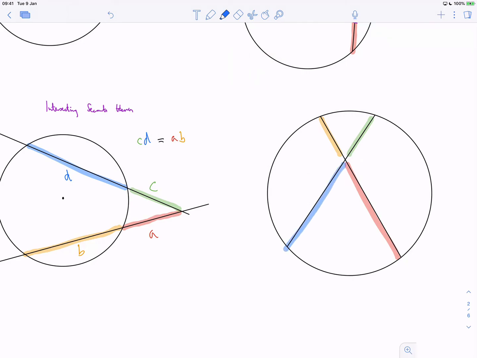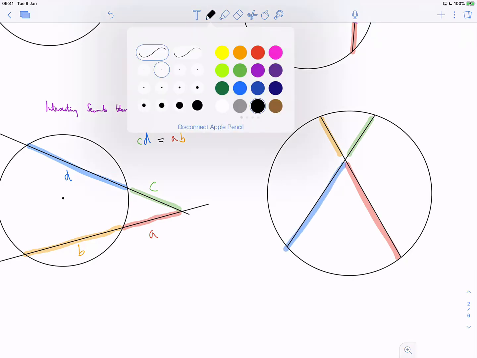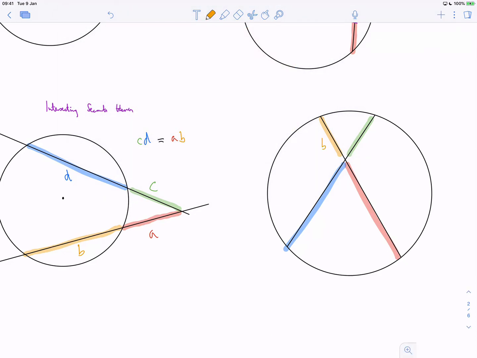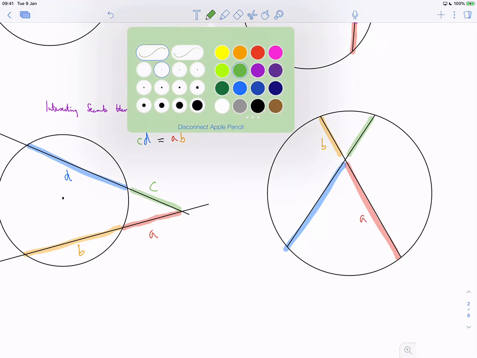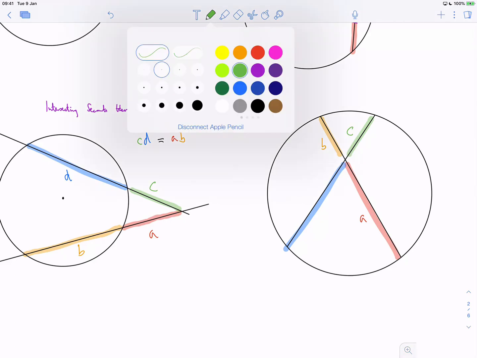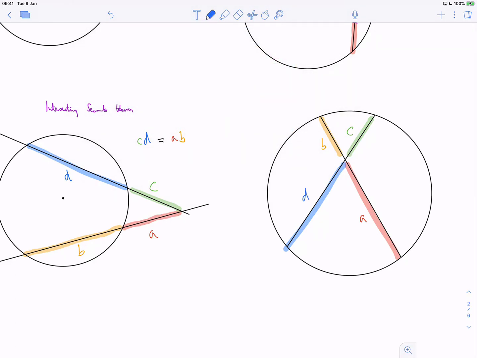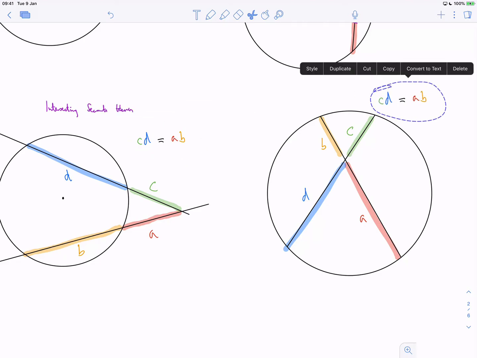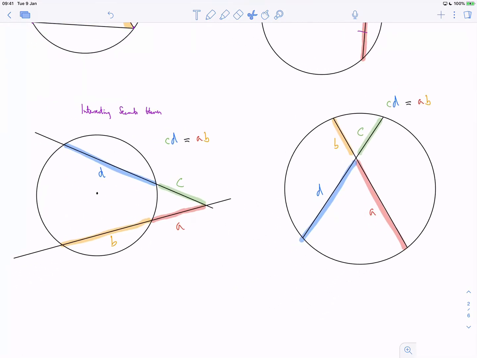Then they are essentially secants, and what's going on is if this is B and this is A and this is C and this is D, then in actual fact this rule applies to this as well. And that is the intersecting chords theorem.